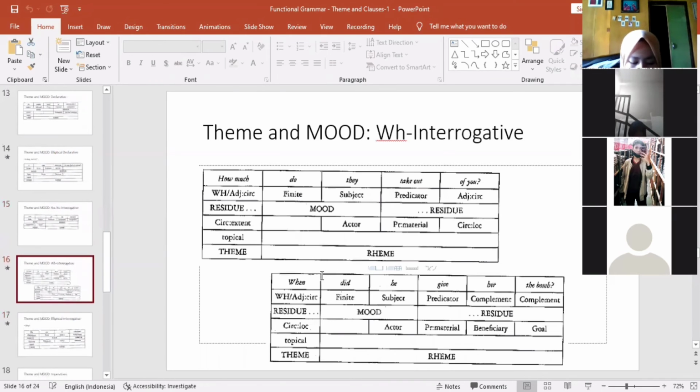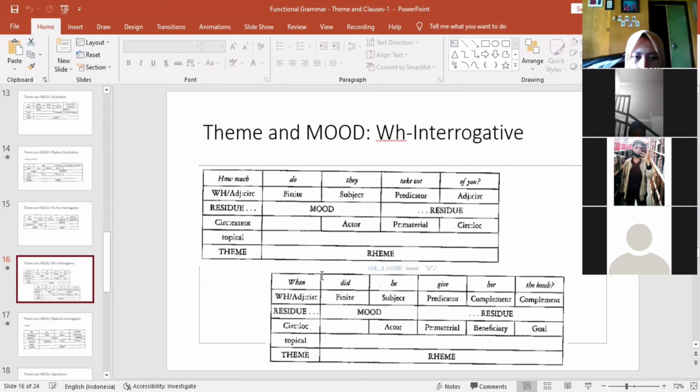Then theme and mood, WH interrogative. It is an interrogative sentence that begins with the words when, what, where, who, whom, which, whose, why, and how. To answer this question, one can use a simple or complex answer.